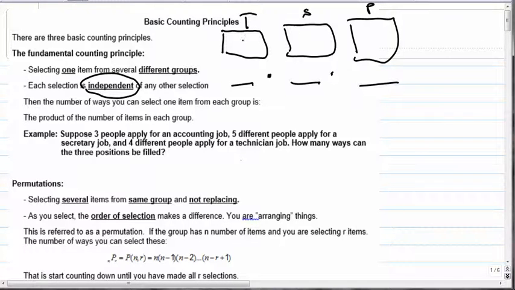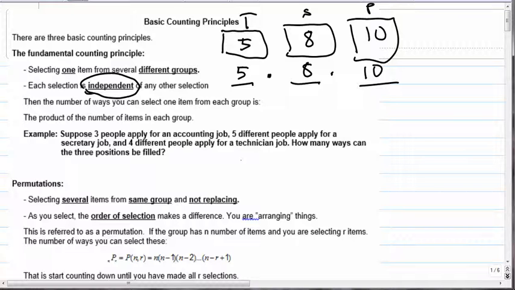So in other words, if I had 5 teachers here and 8 students here and 10 parents here, and I needed to pick a teacher, a student, and a parent, then I'd have 5 ways of doing it from the teachers, 8 ways from the students, and 10 ways from the parents.